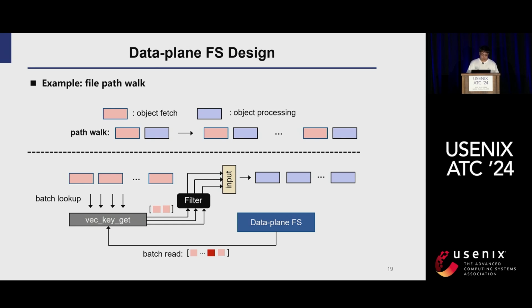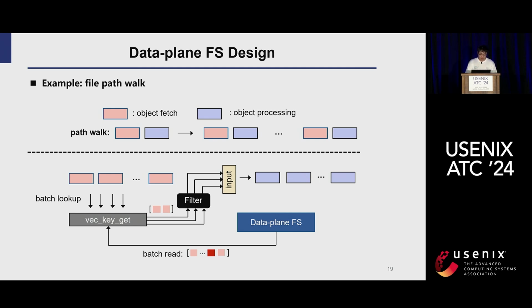For this dentry lookup, the cache FS issues three lookups via one vector KV get invocation. The vector KV get computes 6 hash values for 3 keys, performs 6 parallel dependency-free hash lookups, and returns 6 lookup results. This batched dentry lookup fully utilizes the available large bandwidth.